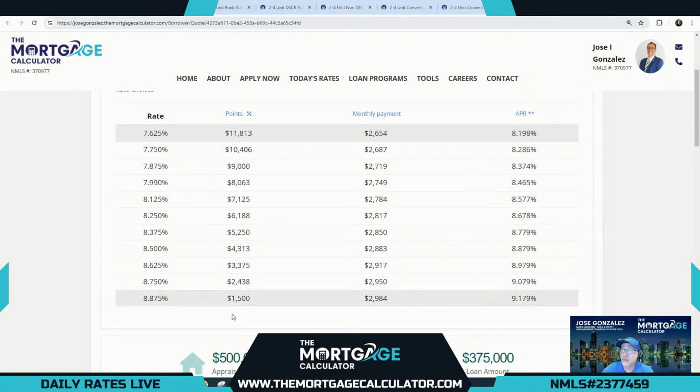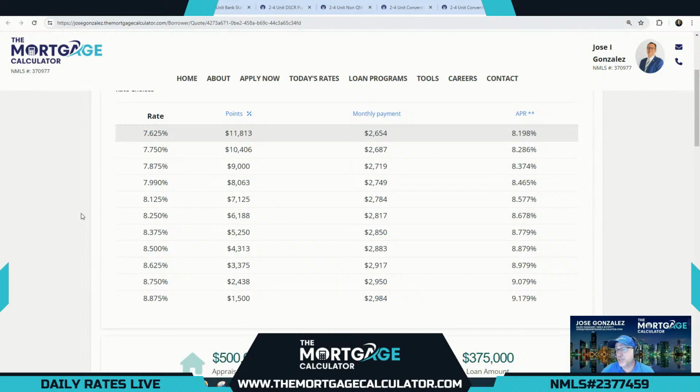So we are looking at more normal rates here. 8.875 is our lowest cost option, and we can buy that down all the way to 7.625. And if we were to have shown the example at 80% for the DSCR, we probably would have had rates similar to this for a 4-unit property at an 80%.